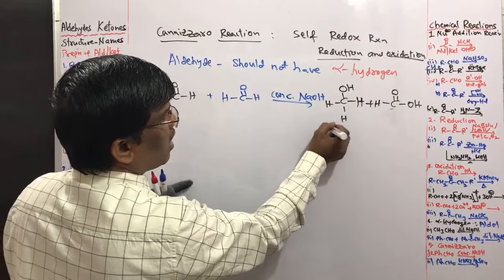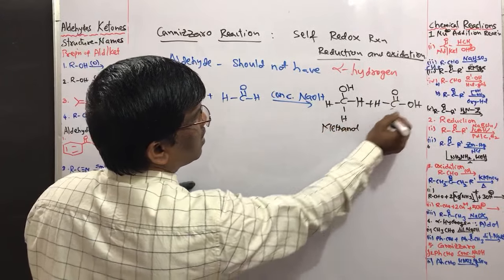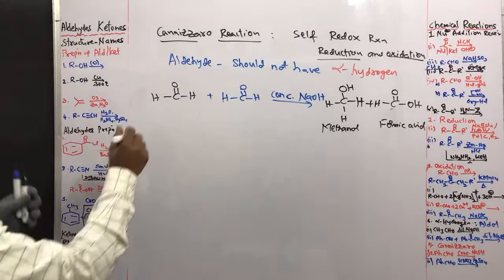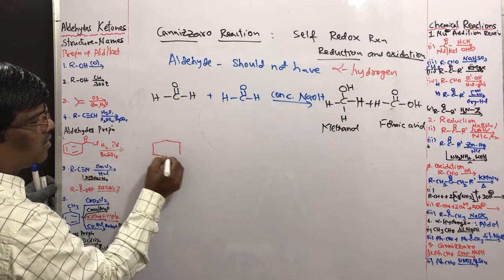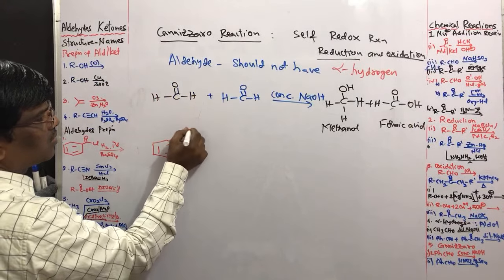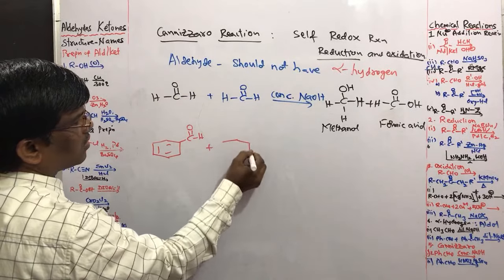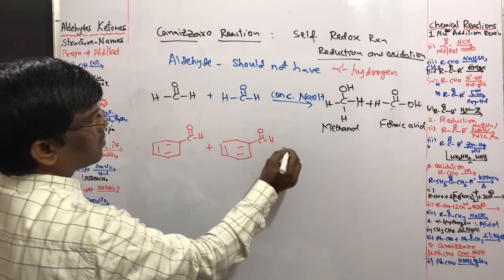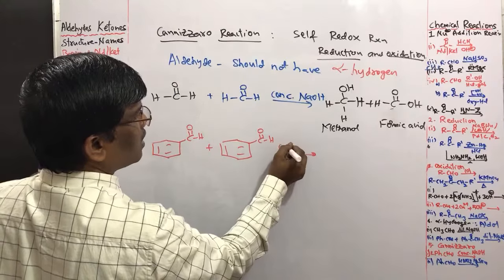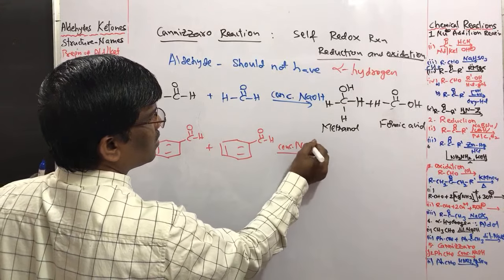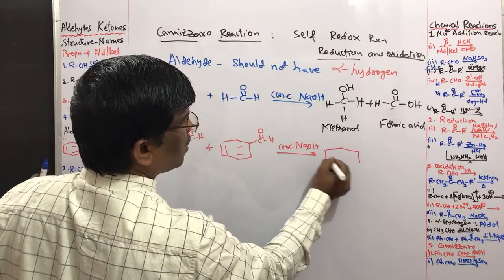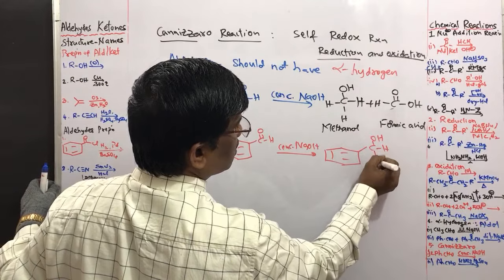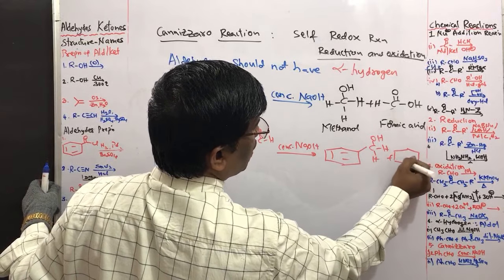Yes, so methanol I am going to get, and formic acid. If I use benzaldehyde with concentrated NaOH, I am going to get benzyl alcohol plus benzoic acid.